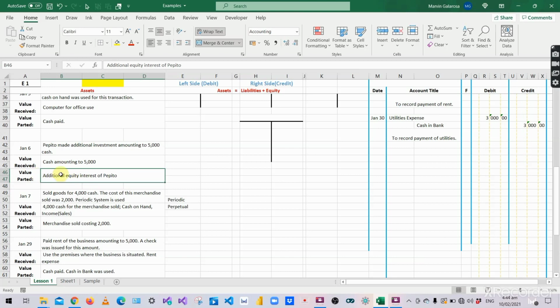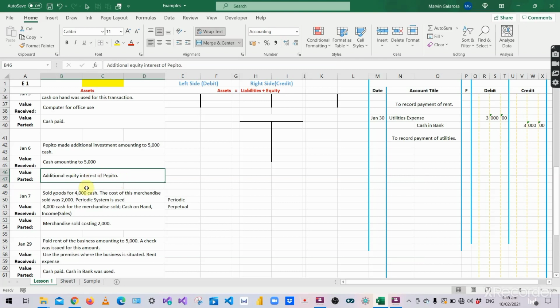Bakit value parted? Kasi si business, si Diamond Sari-Sari Store, nadagdagan yung kanyang obligations kay Pepito. Which is yung right ni Pepito sa assets ng business after ma-deducting liabilities.